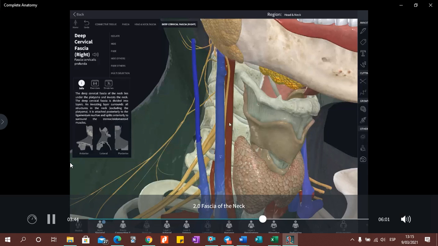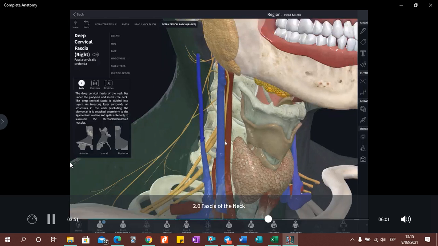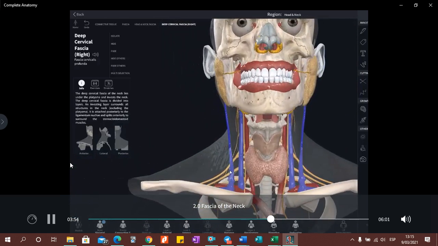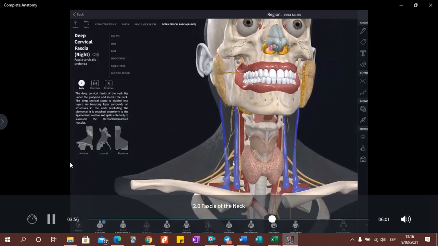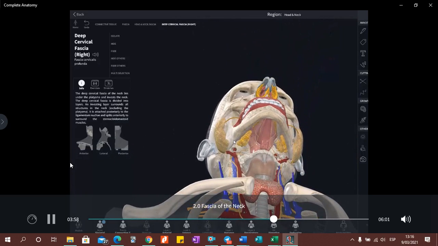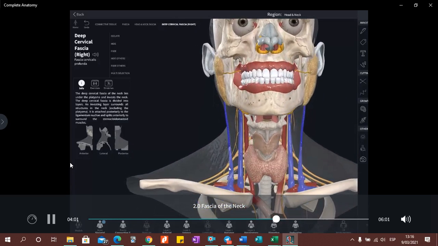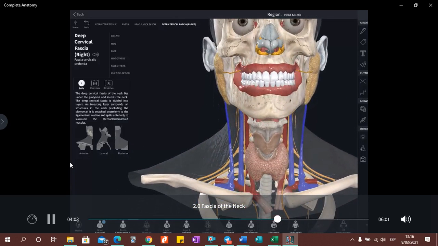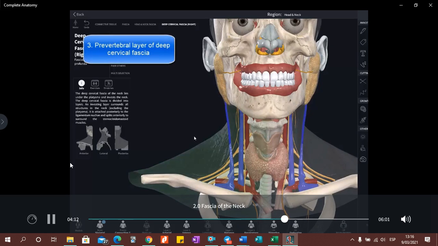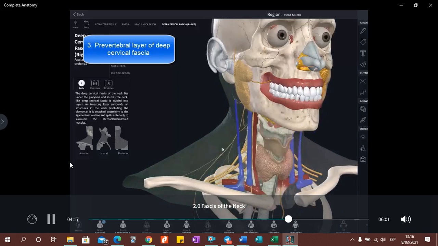And it's important to be aware that the carotid sheath that surrounds these three named structures, together with the pretracheal fascia, can communicate with the mediastinum all the way down here in the thorax, but also superiorly can communicate with the cranial cavity. And once again, this is important to remember because that is how infection or, for instance, extravasated blood can spread.